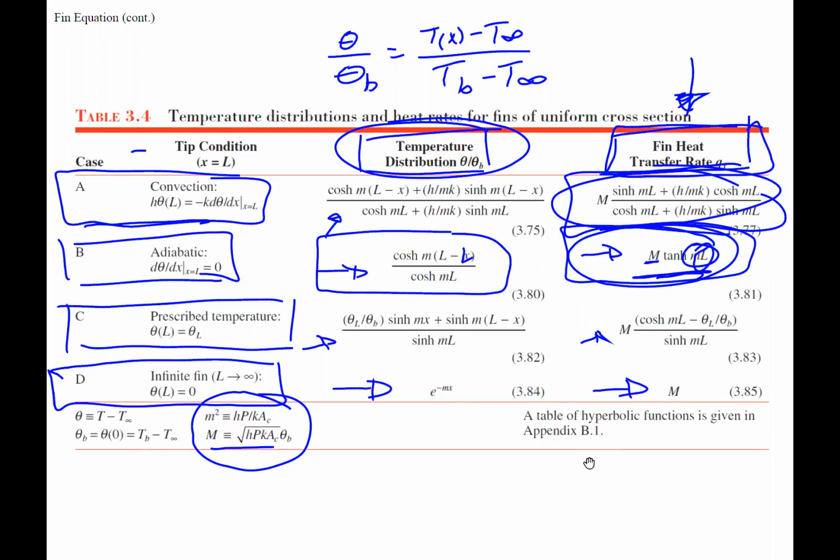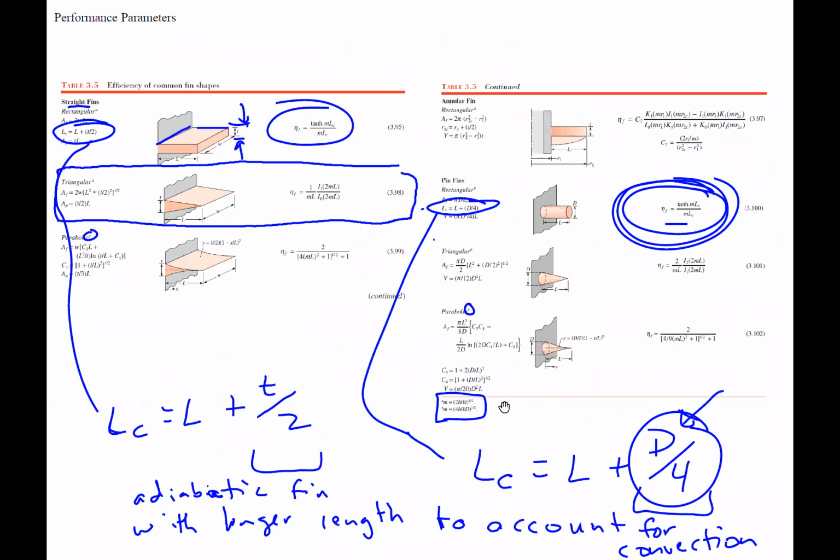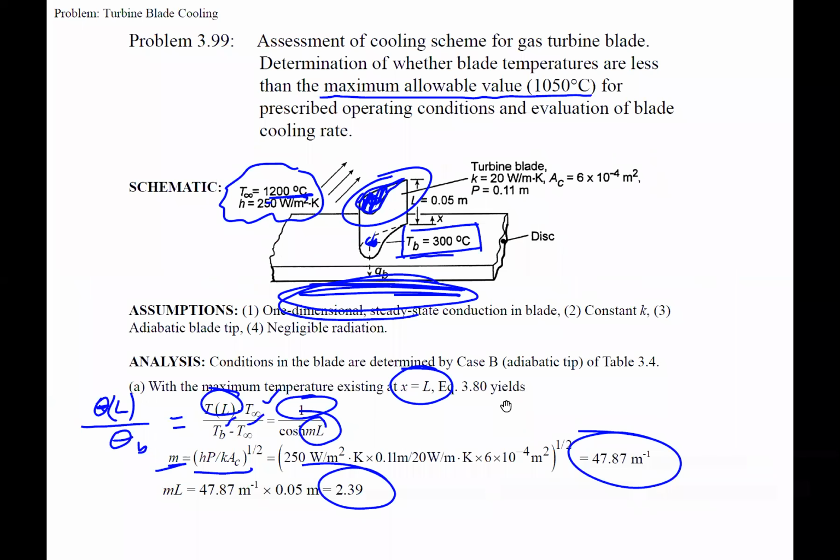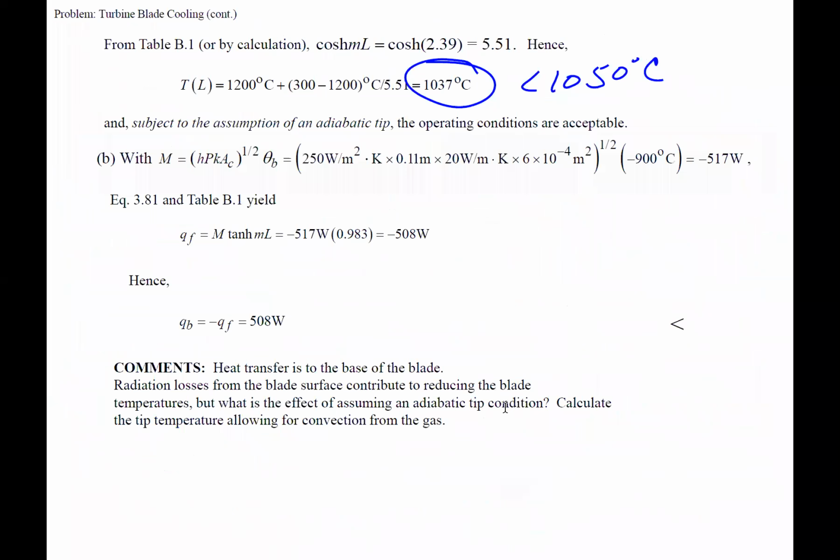The other part I should say about capital M is that the theta of the base is not included in the square root. Sometimes students think that's in the square root. You can see that with how they're writing it down there. So again, parameters, just rearrange.